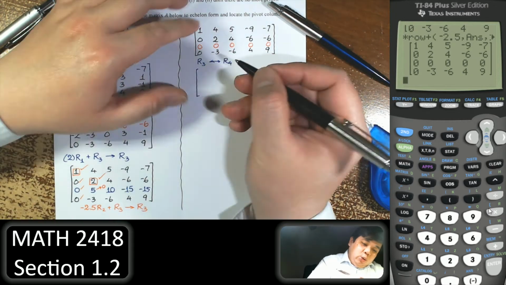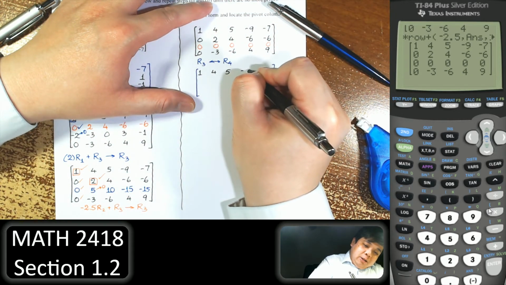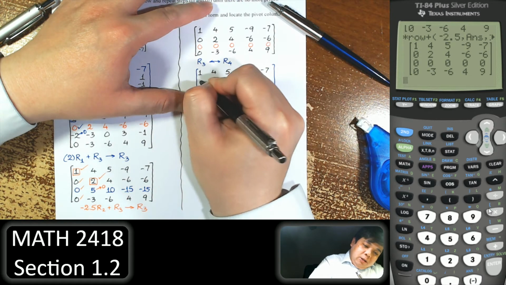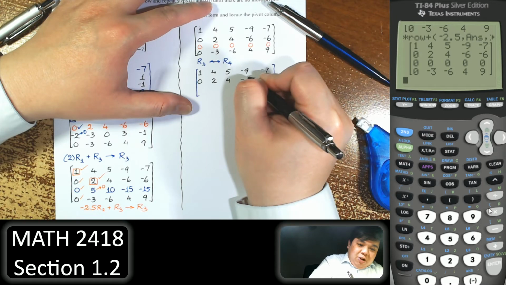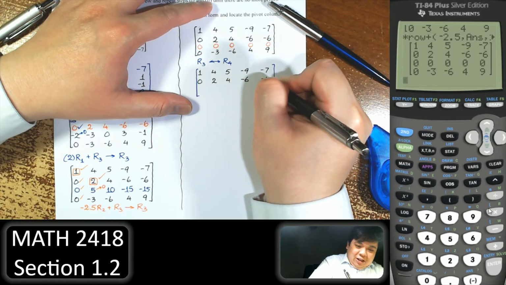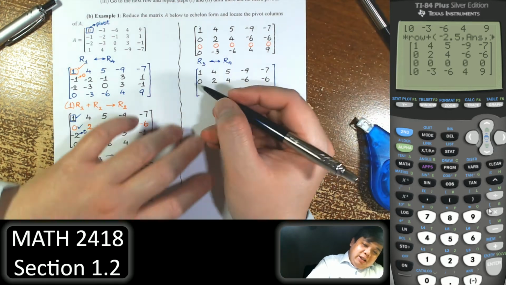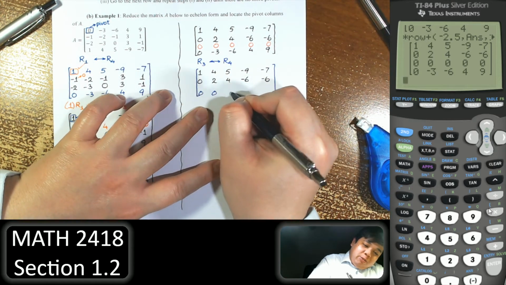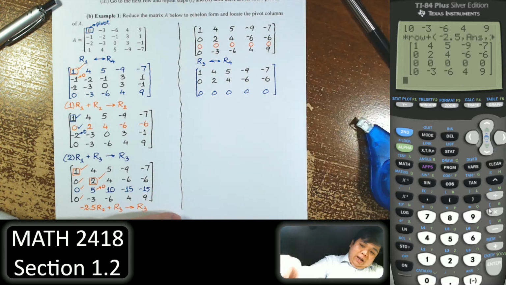Row 1 and 2 will stay the same. This is not the best way to do it. Now 3 and 4. So we have the row of 0 and then row 3.